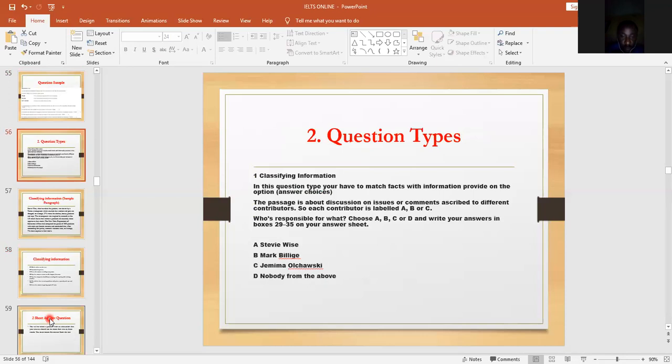In this question, a whole passage is written and there are contributors, maybe 3 or 4 people who made comments throughout the passage. All the commentators will be labeled A, B, C. And in some cases, if no comment is ascribed to anyone, they will say D. So this is how the passage will look.